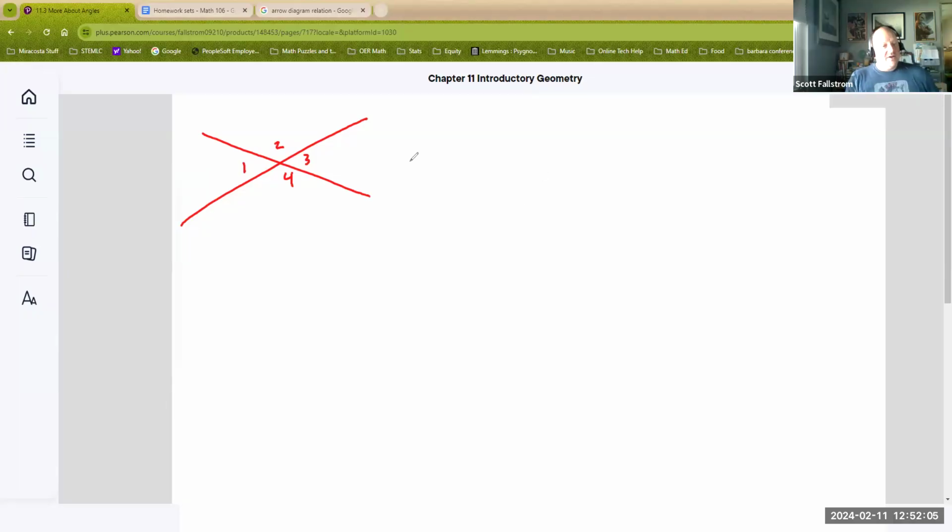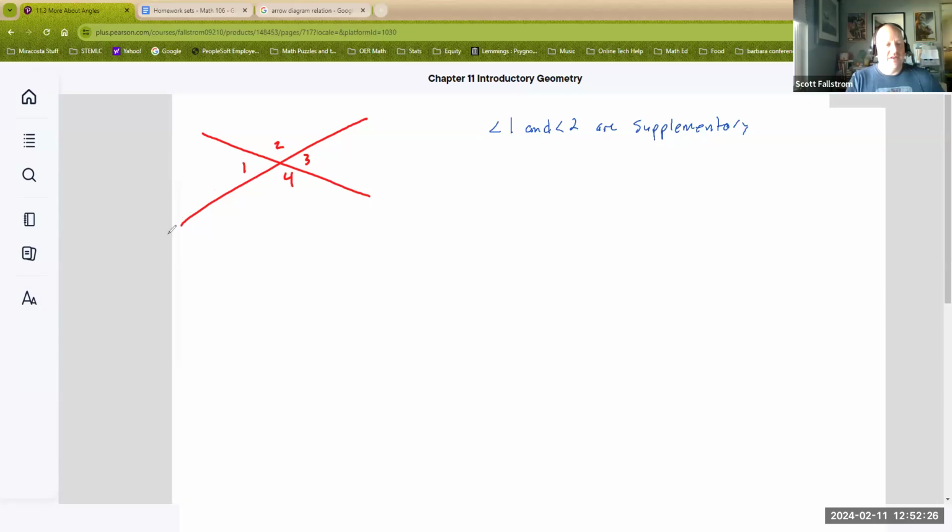What I do know is that angle 1 and angle 2 are supplementary. Why are they supplementary?